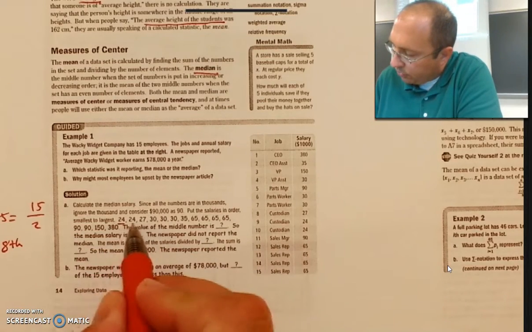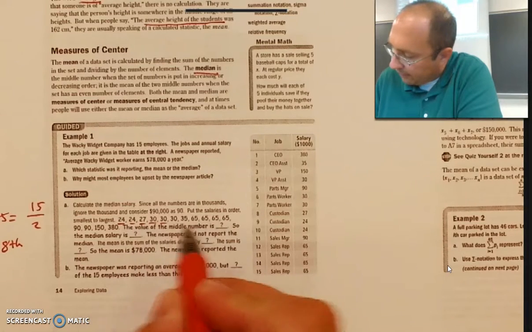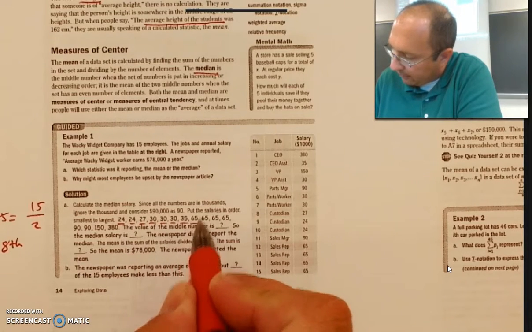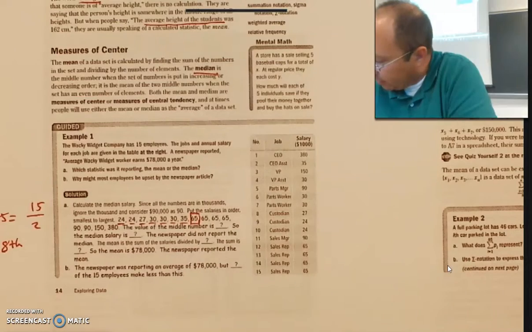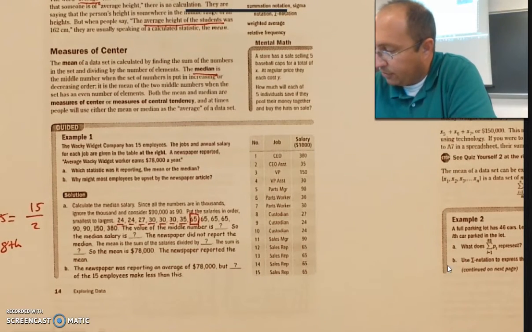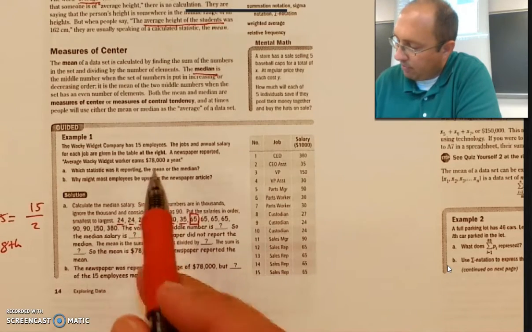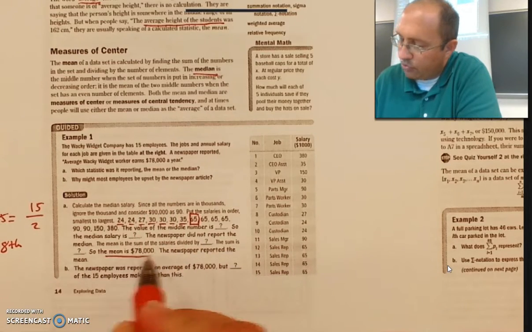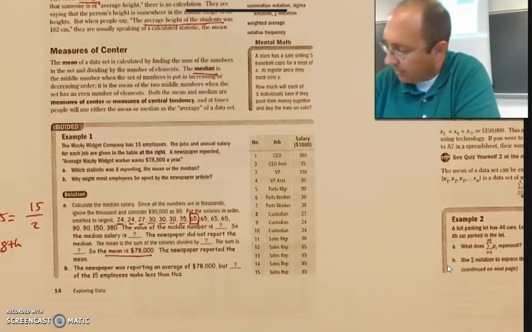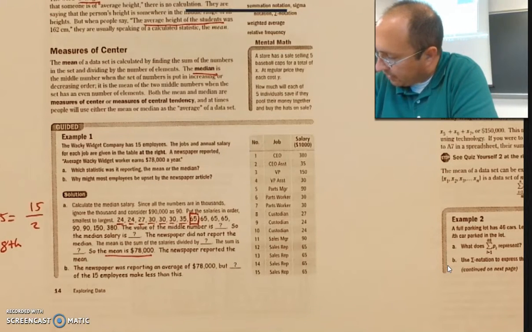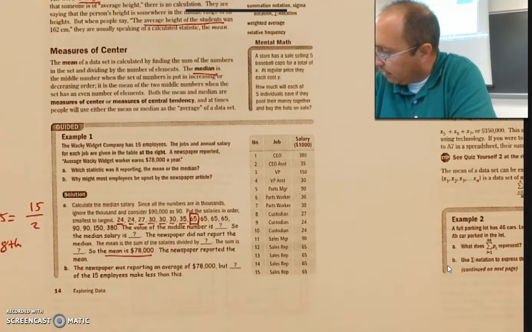So 1, 2, 3, 4, 5, 6, 7, 8. So 65,000 is the median, but they reported 78,000, so they must have been talking about the average. The mean was $78,000 because we know that $65,000 is the median for the data set.